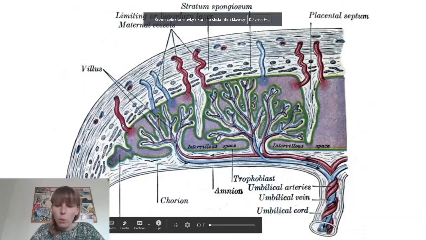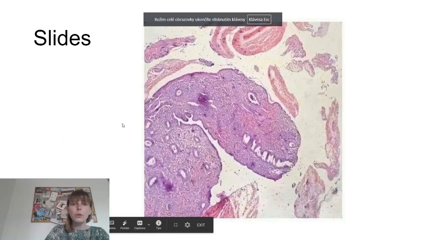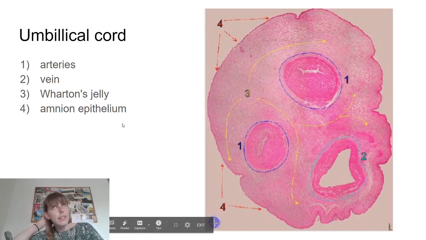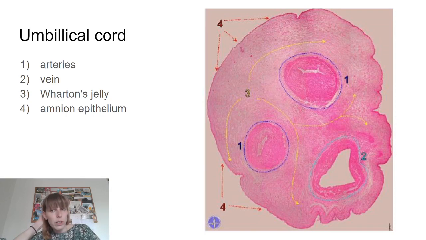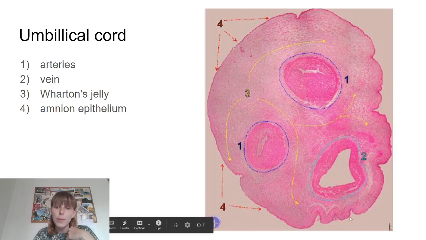Perfect. So now let's continue with the slides. So the first one is very easy. It's the umbilical cord that you have already seen before. And today we want to not just focus on Wharton's jelly, which we have already seen, but we want to as well focus on the 2 arteries and 1 vein, and we want to take a look at the amniotic epithelium, which will be lining the umbilical cord from the outside.